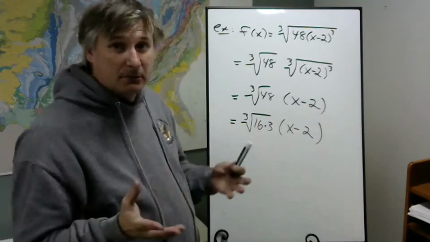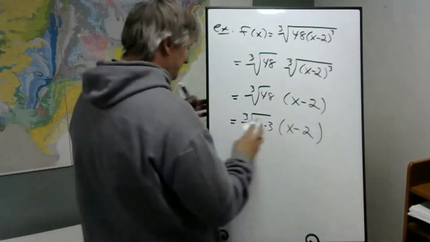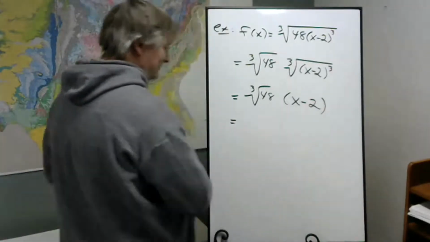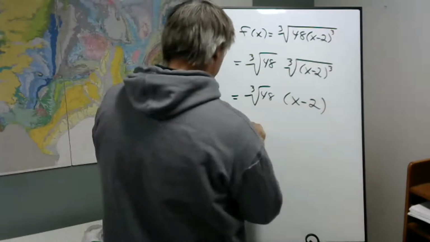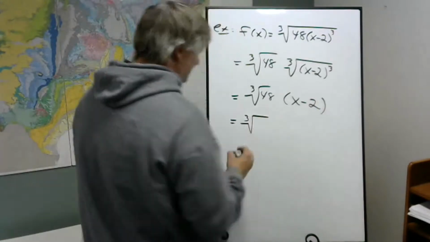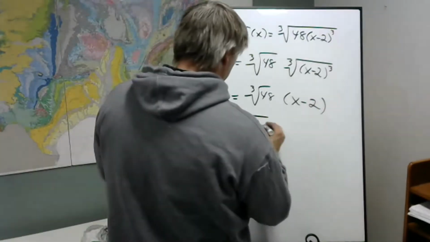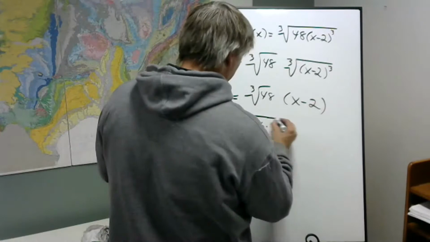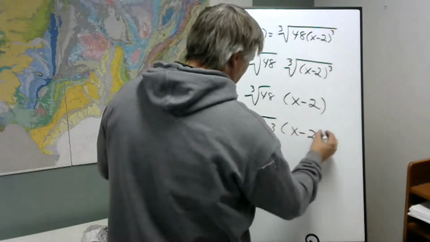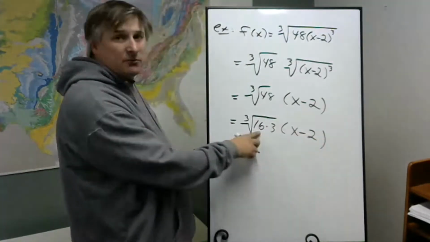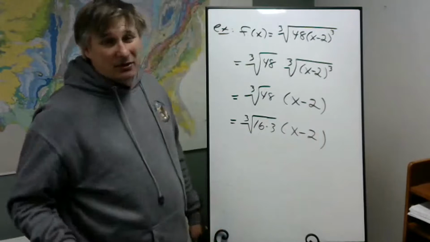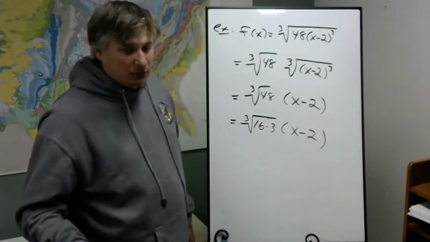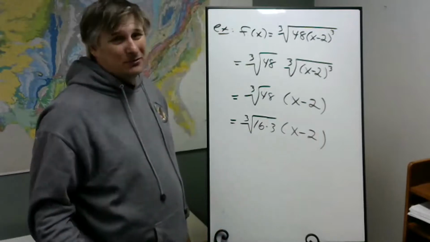Well, let's break this down a little bit more. Well, we can still do 16 times 3, x minus 2. But we have a square root for 16. We don't have a cube root that's rational. We only have an irrational cube root for 16.